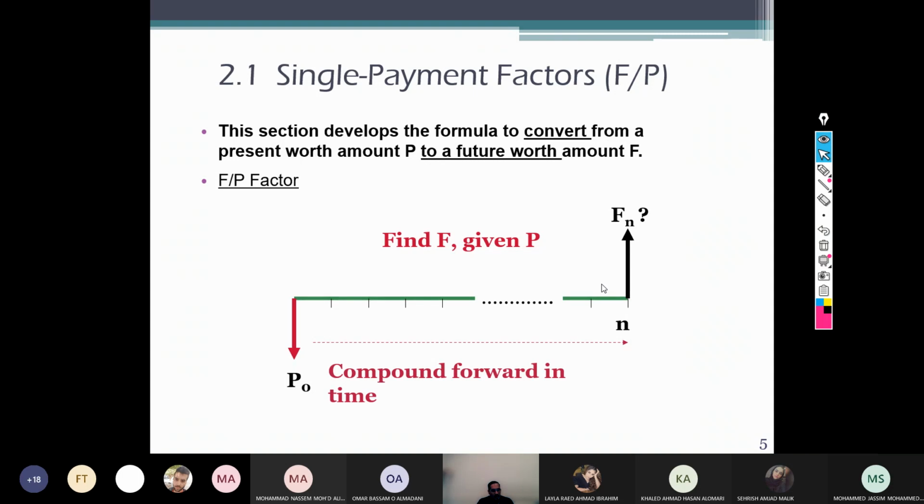Starting off, we all know about this, so I'm going to go very quickly over it. This section is single payment. Find P given F. Remember, this is a very simple logical command.